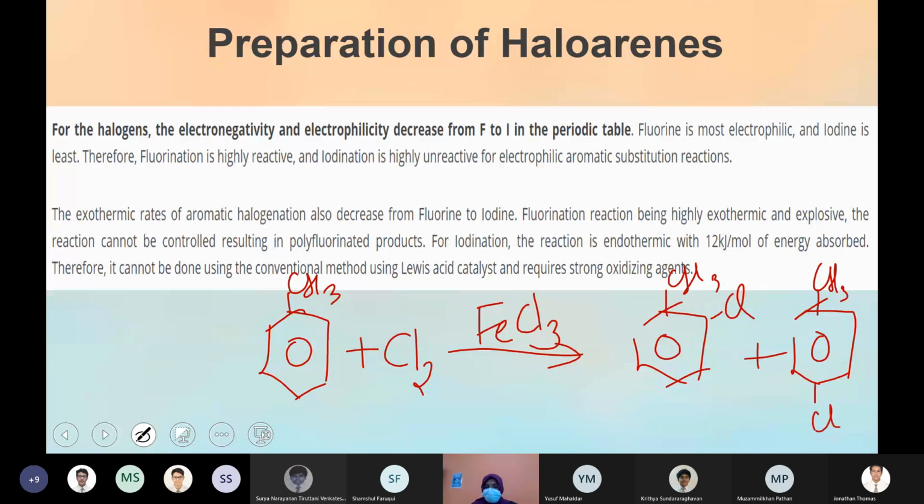Similarly, if you do the bromination with bromine, again you will get ortho product and para product.